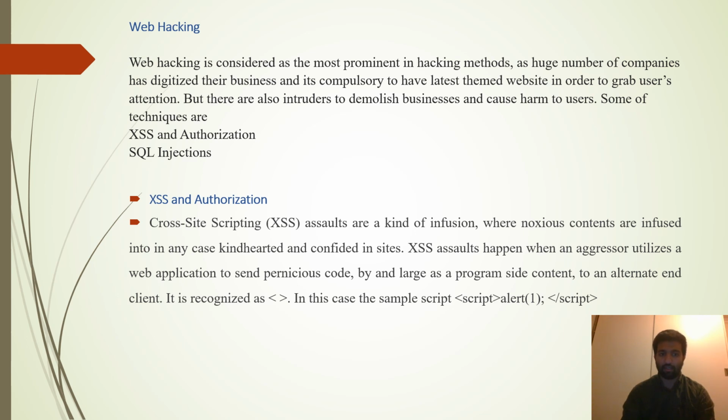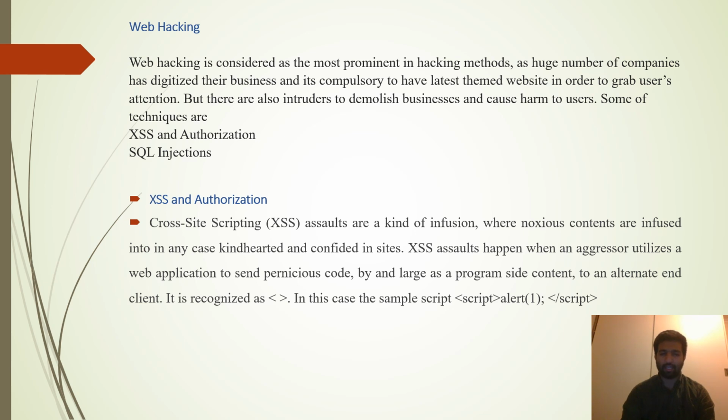Cross-site scripting attacks are a kind of injection where malicious scripts are injected into otherwise benign and trusted sites. XSS attacks happen when an attacker uses a web application to send malicious code, generally as browser-side script, to an end user.